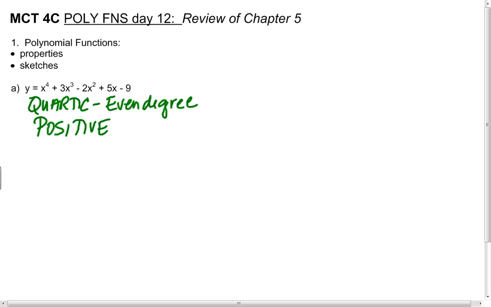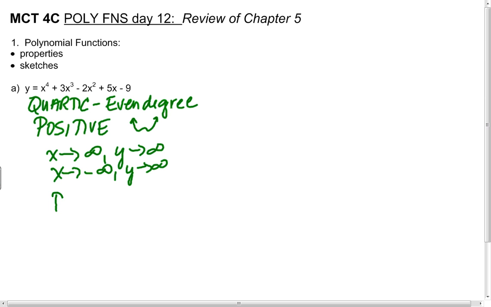So I know very roughly that my function is going to look like that. I know that if it's an even degree positive, my end behavior is upwards to the right and upwards to the left. So already I have an idea of what that thing is going to look like.